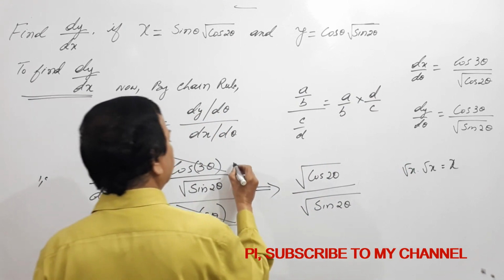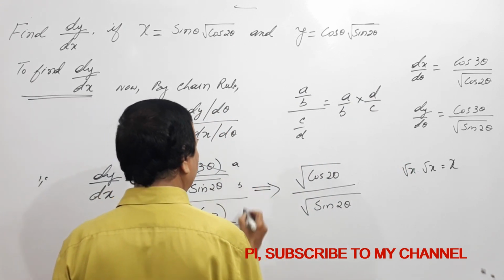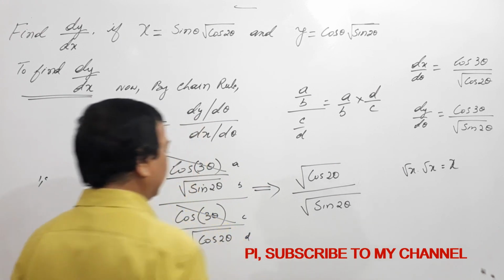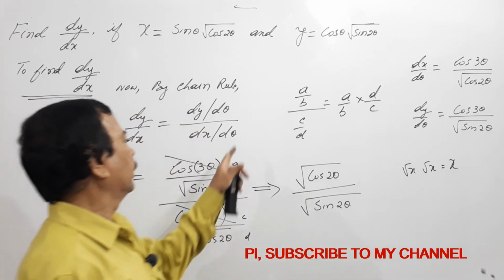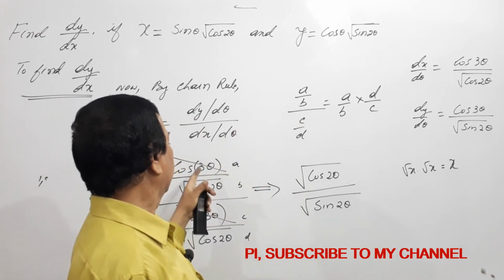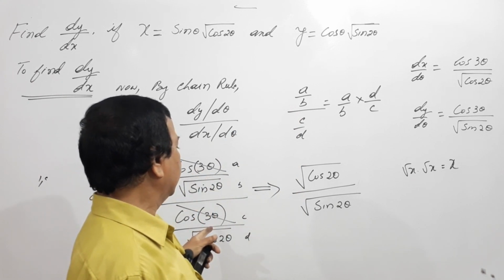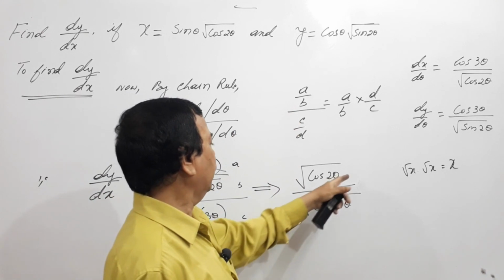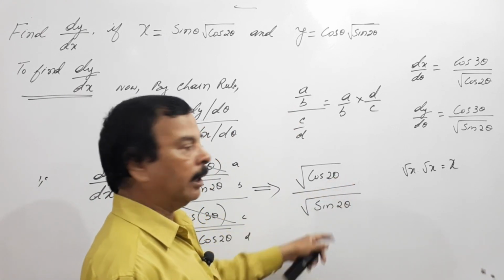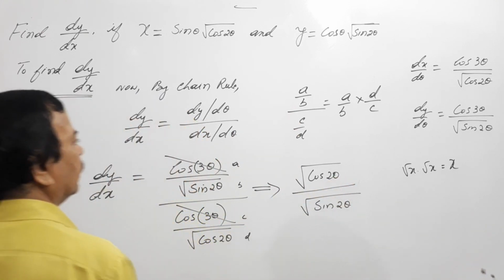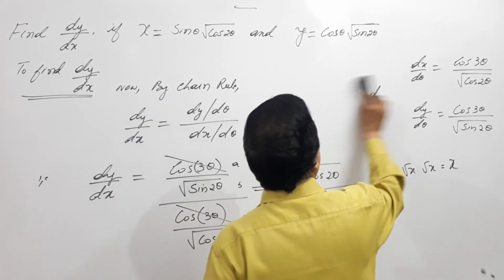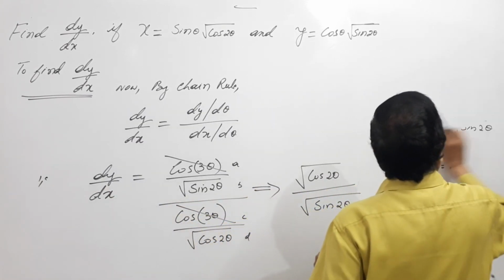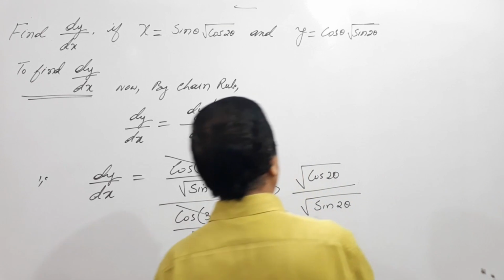Suppose you call this a, this b, c, and this d. So a by b, a and c get cancelled, you are left with b by d. So you have to get b by d. Done. So what happens to this? I rub this. So this is left with this.